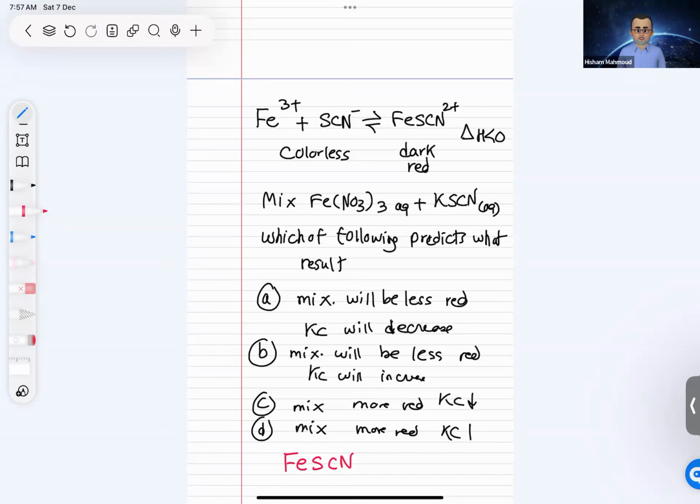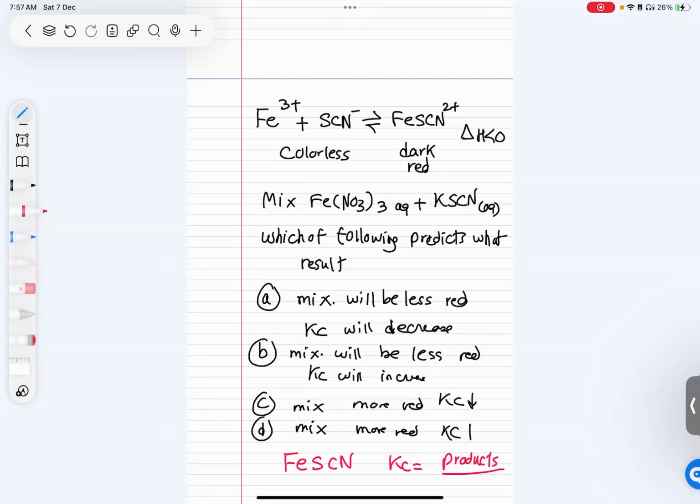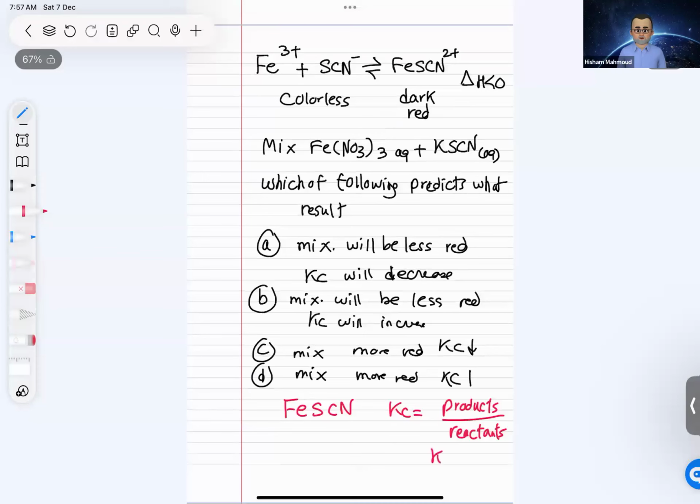What will happen to the Kc? Does it increase or decrease? Which concentration will increase, the reactants or the products? Reactants. So reactants increase. Kc equals products over reactants, and you said the reactants increase, so the Kc decreases.